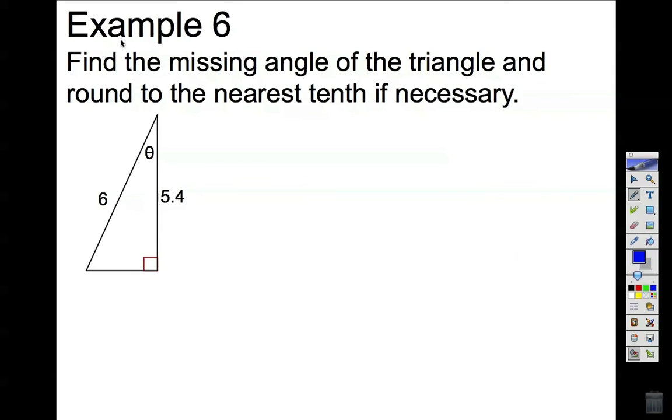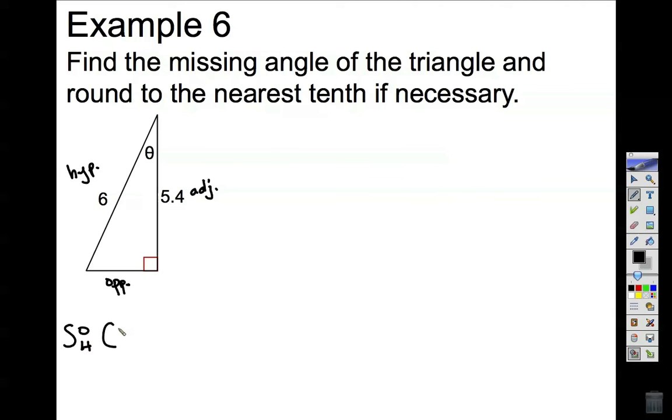Last example. Again, find the missing angle. Since I'm given 2 sides, here's my angle, here's my opposite, here's my right angle, here's my hypotenuse, and then here is my adjacent. So which am I going to use?